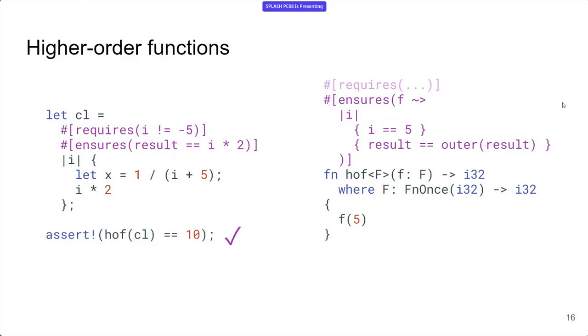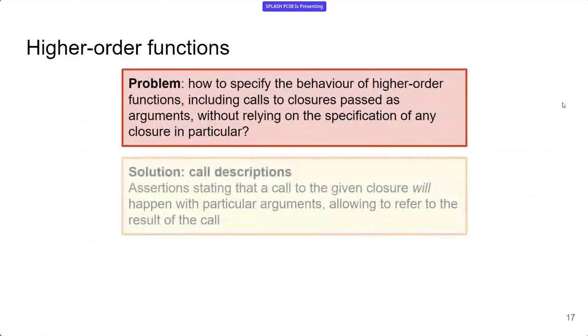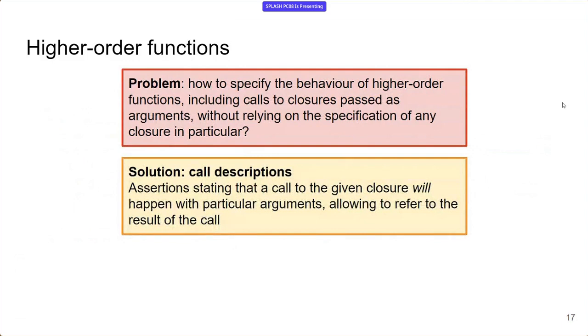Note that this contract by itself isn't enough. It's at this client side that we know the concrete contract of this closure that we can compose it with the call description to actually get this property. So yeah, the problem was that we wanted to specify higher order functions without relying on any particular specification of the closure and trying to be parametric in the actual kind of closure that you can pass.